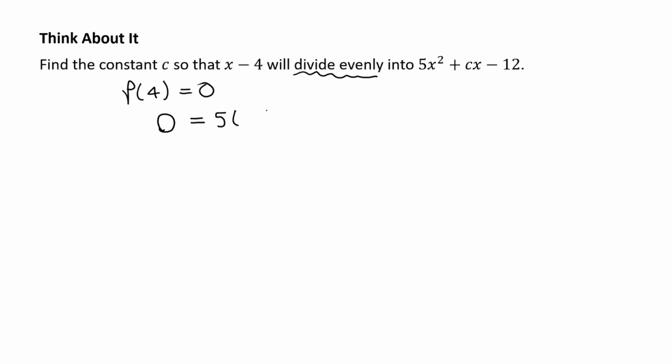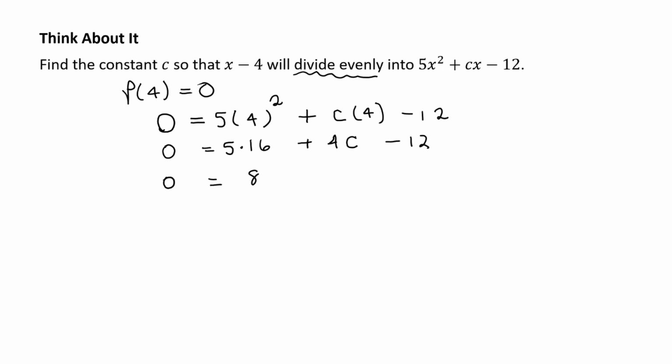So 5 times x squared, we would write that as 5 times 4 squared, plus c times 4, minus 12. Now we need to solve for c. 0 is equal to 5 times 16 plus 4c minus 12. 0 is equal to 80 plus 4c minus 12.